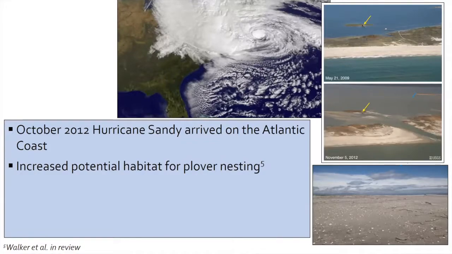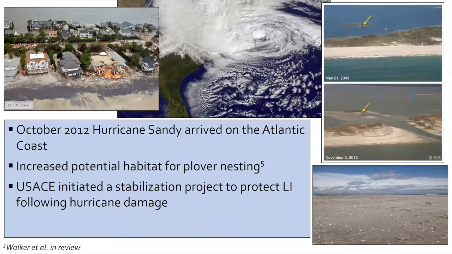However, due to the concern for human safety as a result of these damages to coastal infrastructure, there was a call for protection, particularly for the area we were looking in, which was coastal New York.